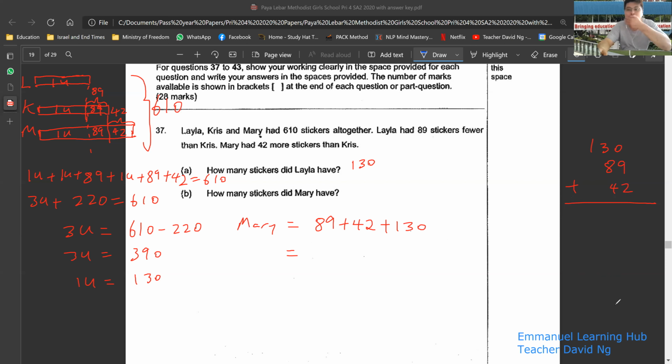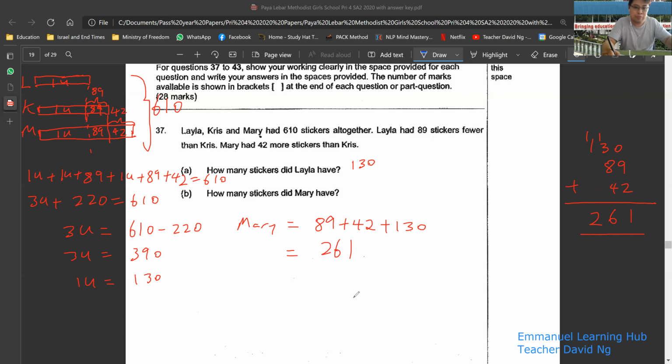9 plus 2 is how many? 11. Then after that, 1 plus 3 is 4, 4 plus 8 is 12, 12 plus 16, very good. 261, right?